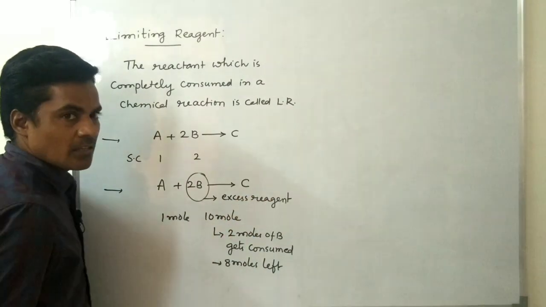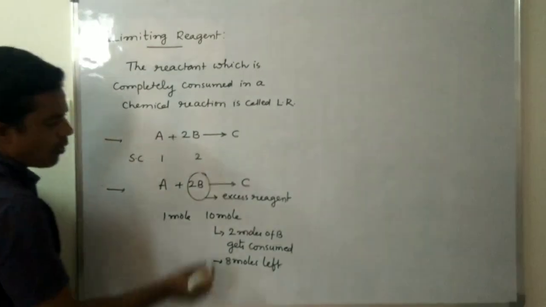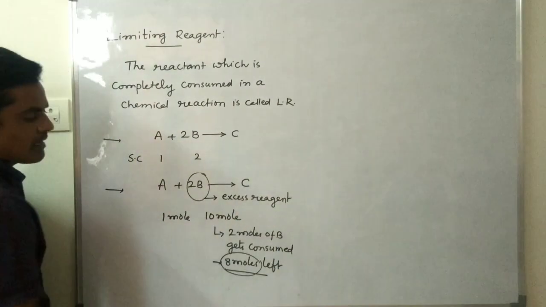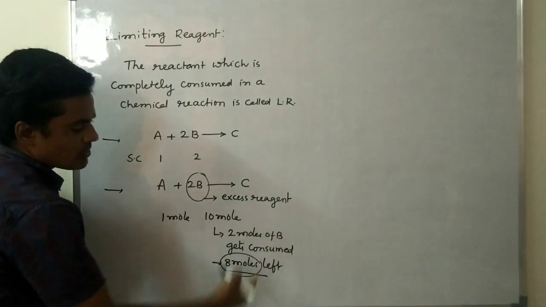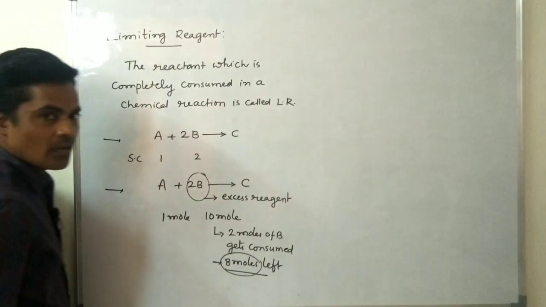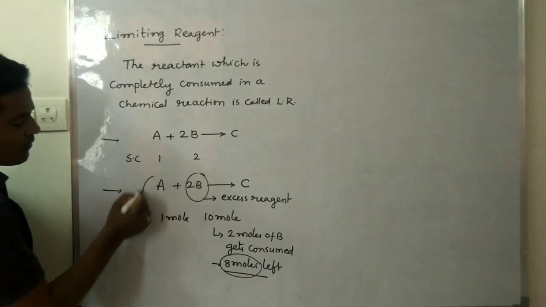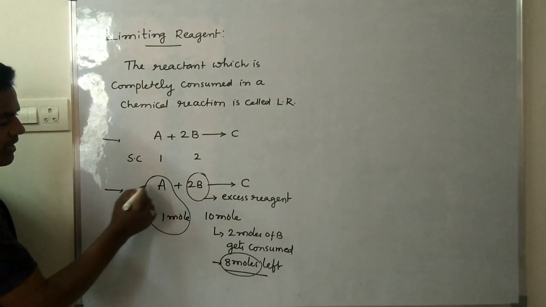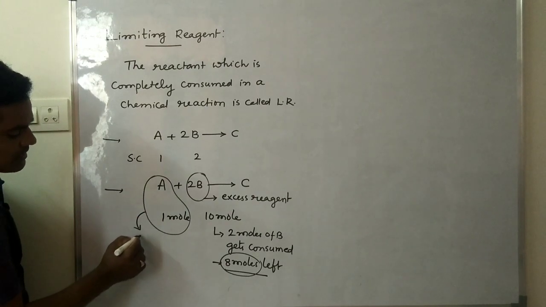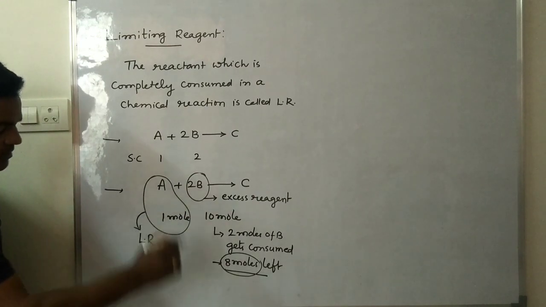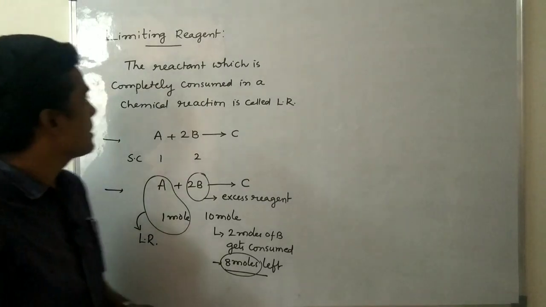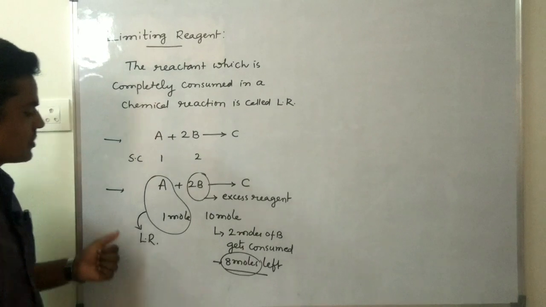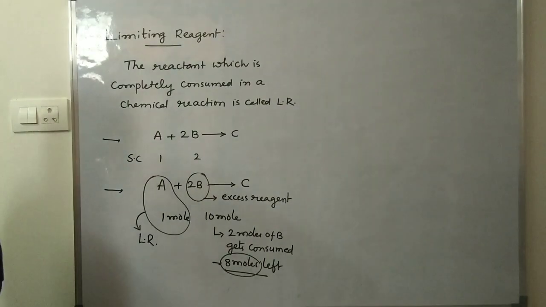It is unreacted in the reaction. 8 moles of B are unreacted, and only 2 moles of B get consumed. Here 1 mole of A gets entirely consumed in the reaction. Hence A is called the limiting reagent. What is the limiting reagent? The reactant which is completely consumed in a chemical reaction is called the limiting reagent.